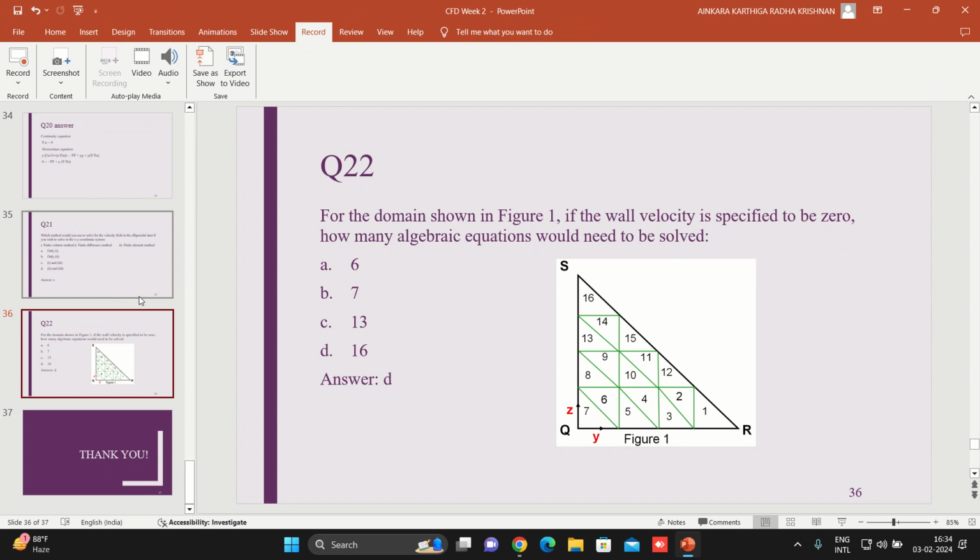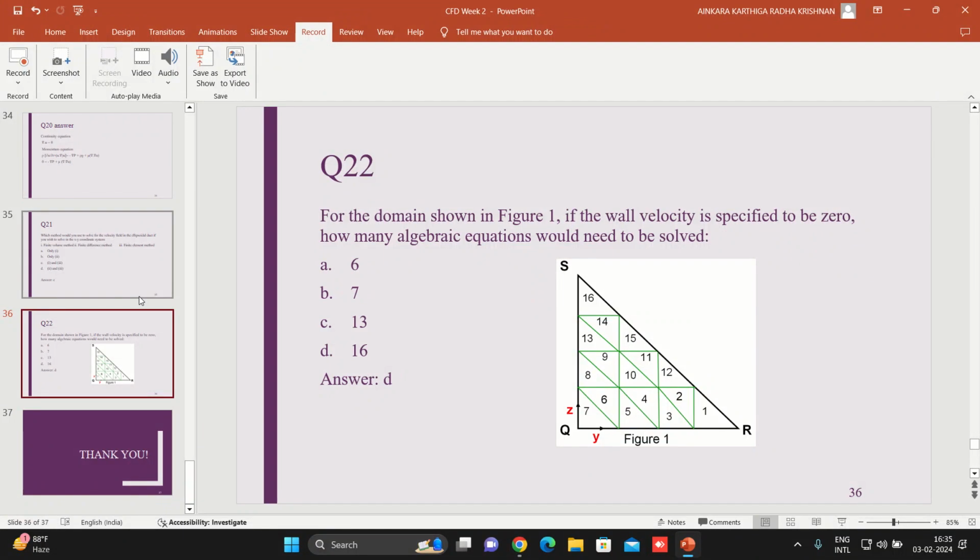That's it. Mostly what we would be dealing with is, whatever domain we have, the first thing is we would be discretizing the domain. For that we use 3 approaches: finite difference approach, finite volume approach and finite element approach. The finite difference method was seen in the last rectangular duct problem, and in this one it is the finite volume method for the triangular duct.